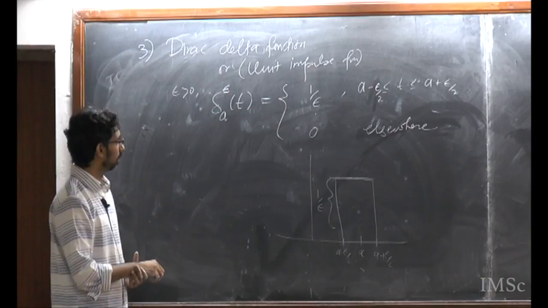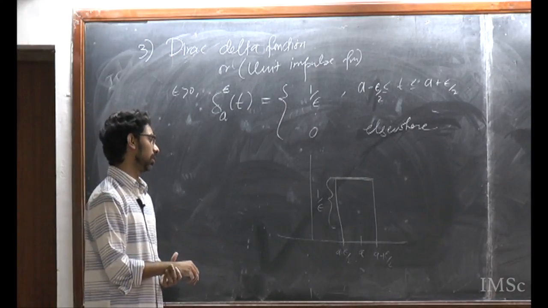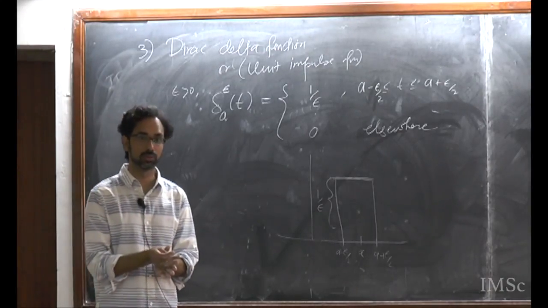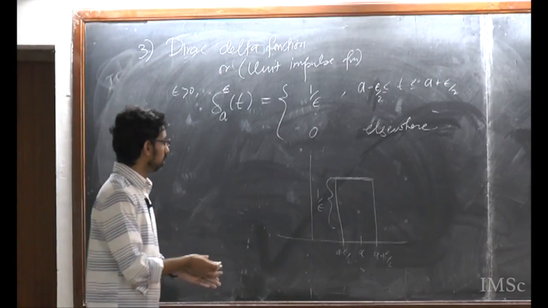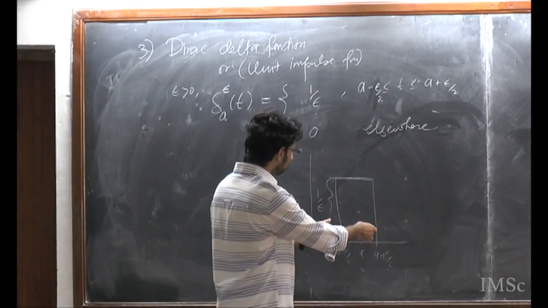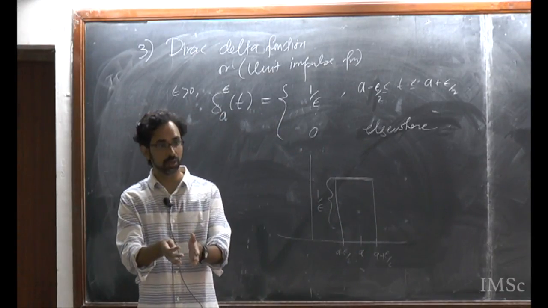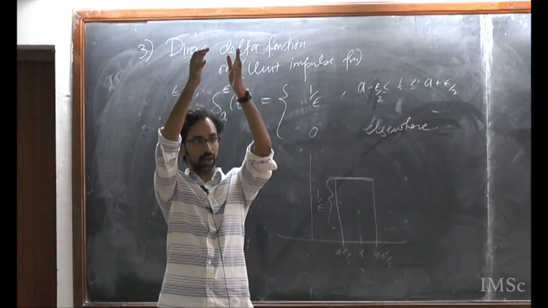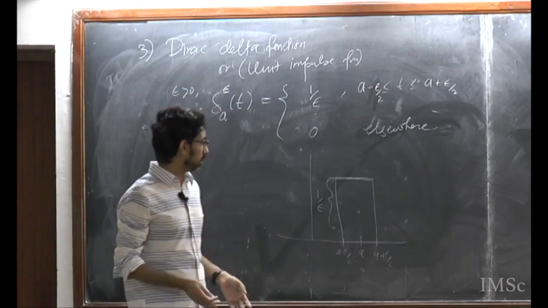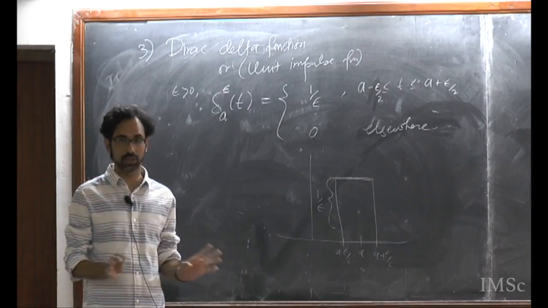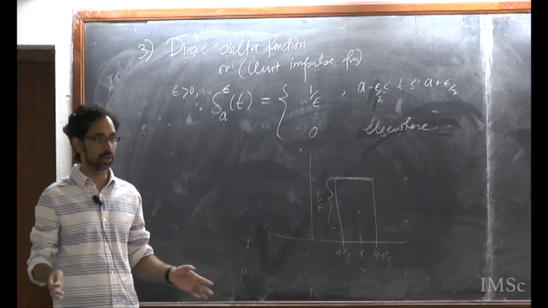What I would like to do is to take a limit as epsilon goes to 0. When epsilon goes to 0, this rectangle becomes thinner and thinner, but also higher and higher. In fact the limit as epsilon goes to 0 will not exist, it will be infinite, it will diverge.